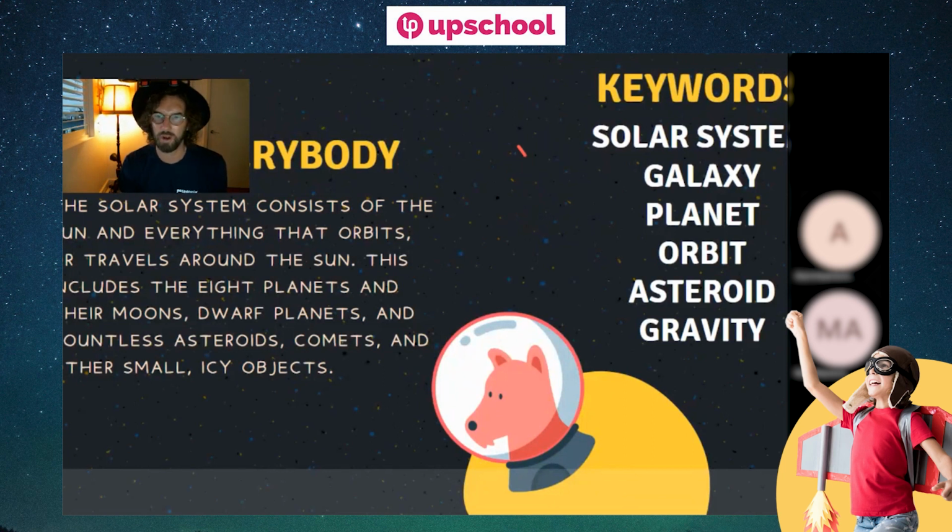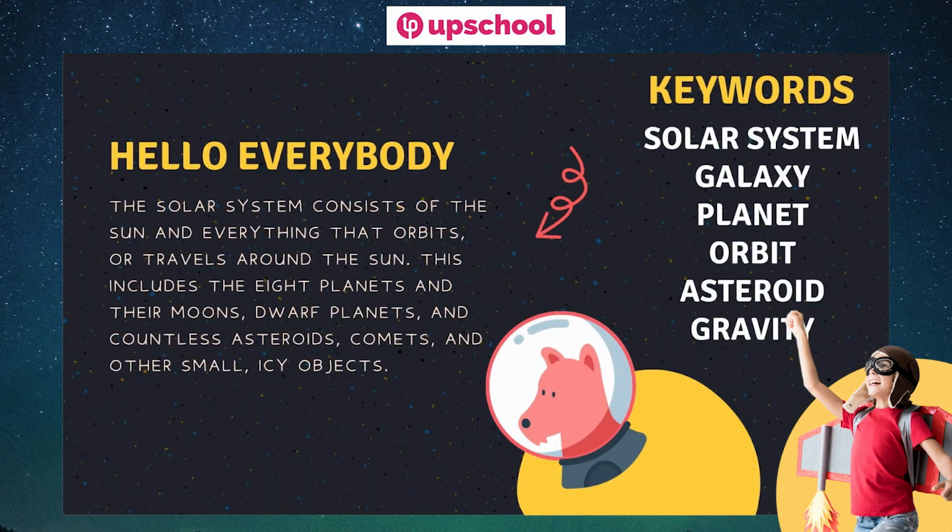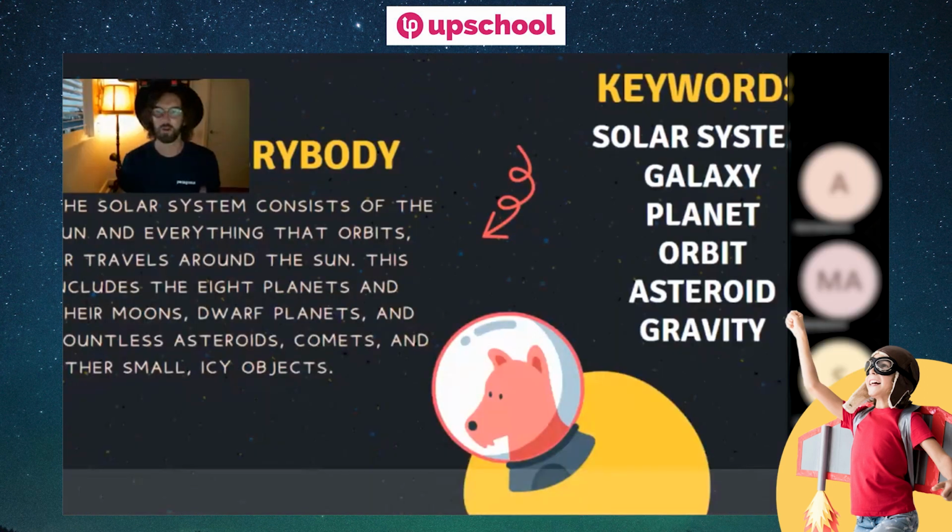We have got rid of one of those planets, and we'll talk about that in just a second, and about why that planet has decided to vanish. All of the planets, their moons, dwarf planets, asteroids, comets, and any other small icy objects that are floating around our sun are all part of our solar system.